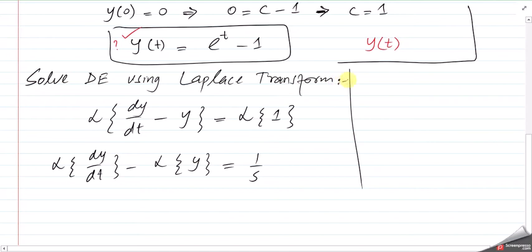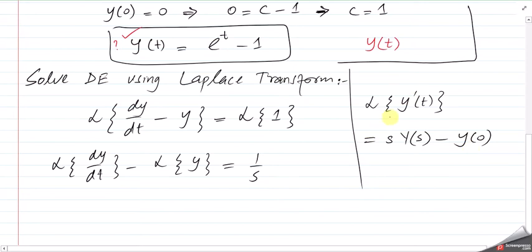So we take Laplace transform on both sides because we know Laplace transform can split over minus. So we make two separate transforms on the left hand side. Now Laplace transform of the derivative y prime of t, or dy by dt, same thing, is S capital Y of s minus small y of 0.